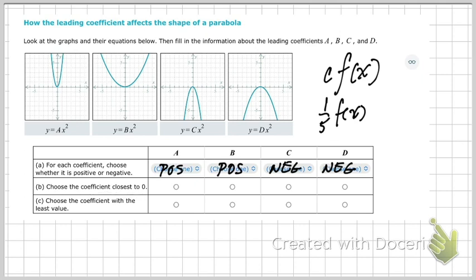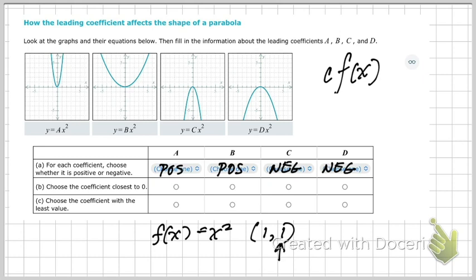All I should need to do on that is look at the graph. So normally with f of x equals x squared, one of the points that I have on that is 1, 1. So I just want to look at what is happening when x is 1 and what is the y value.